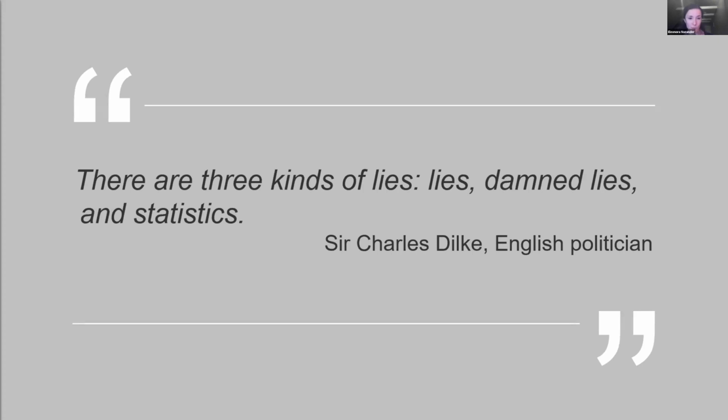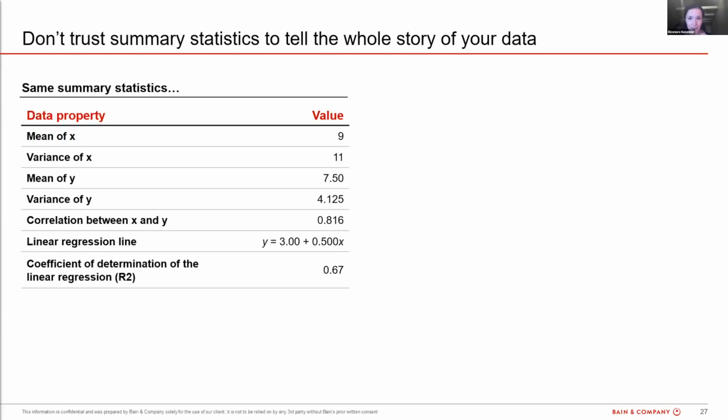You have probably all heard this quote: there are three kinds of lies: lies, damn lies, and statistics. Honestly, I had trouble understanding what they meant here. Statistics is great. Let's take a look at an example. Here I have some summary statistics.